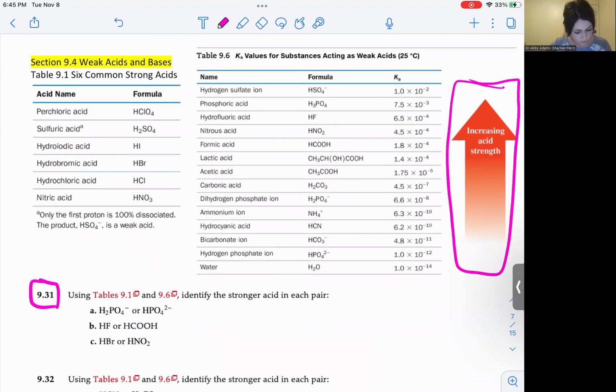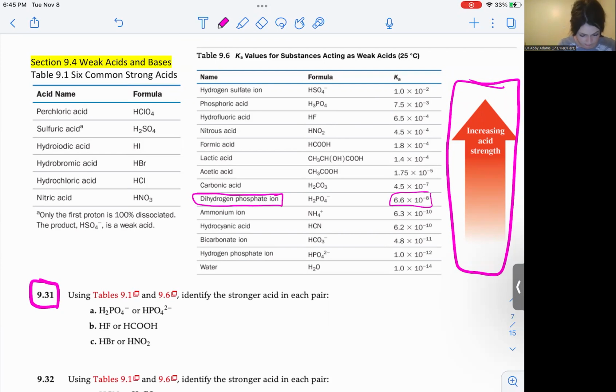9.31. So we're going to identify the stronger acid in each pair. Okay, so let's see what we've got here. All right, can we find these things on our tables? Yes, you have dihydrogen phosphate ion right here, and you can look at the equilibrium constant. And let's see, what else do we have?